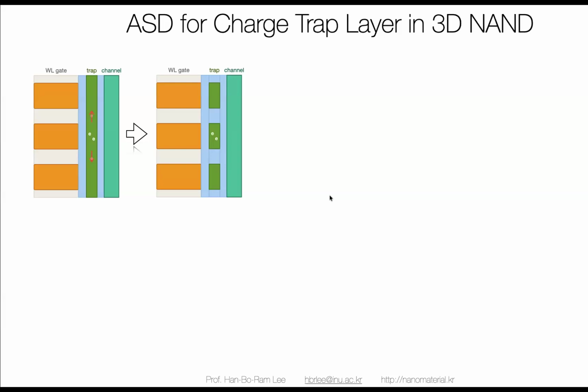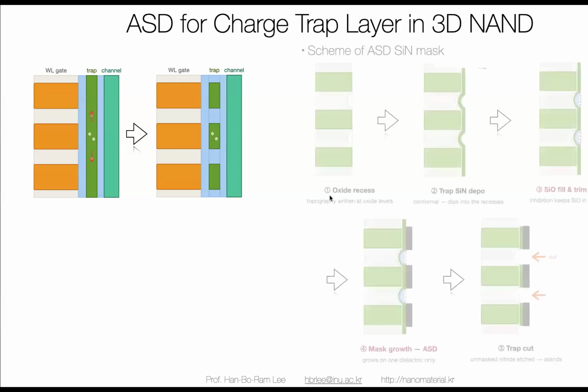From the mechanism of NAND flash memories, all of the data is stored inside this trap layer by trapping electrons inside. Because this silicon nitride is physically connected, there is a lot of cross-talk effect. So if you make selectively grown silicon nitride here, we can permanently prevent any cross-talk.